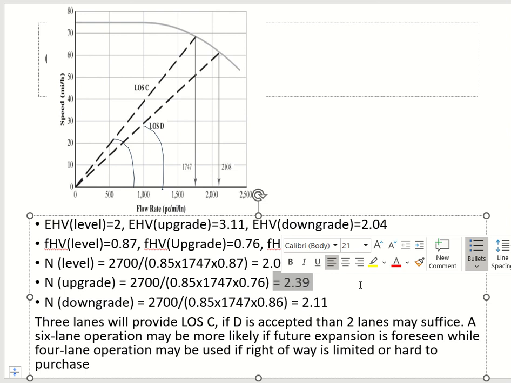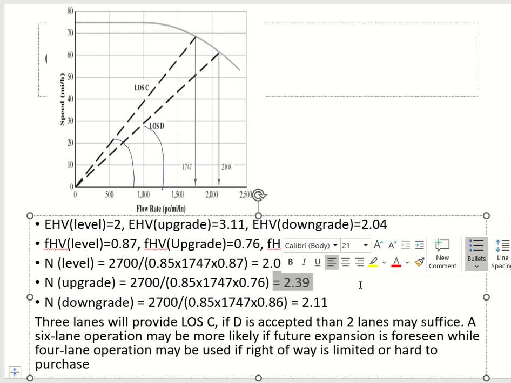Any questions? Okay, but providing 3 lanes, I already told you, has the advantage that everything will be consistent. Number of lanes will be consistent, and one more advantage is for the future, or if you made any error in calculating your volume.